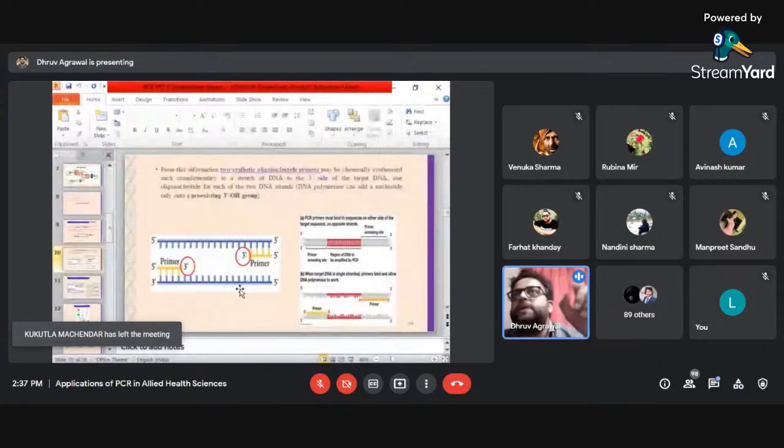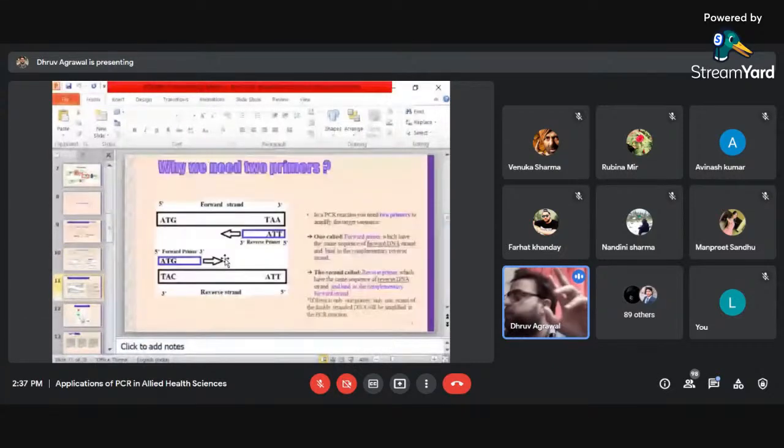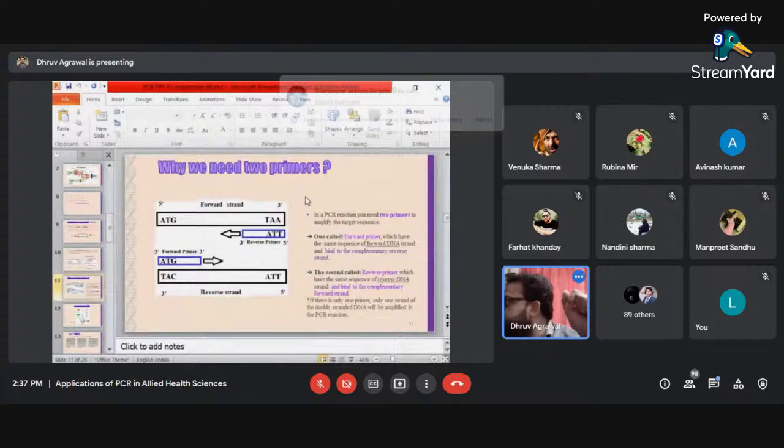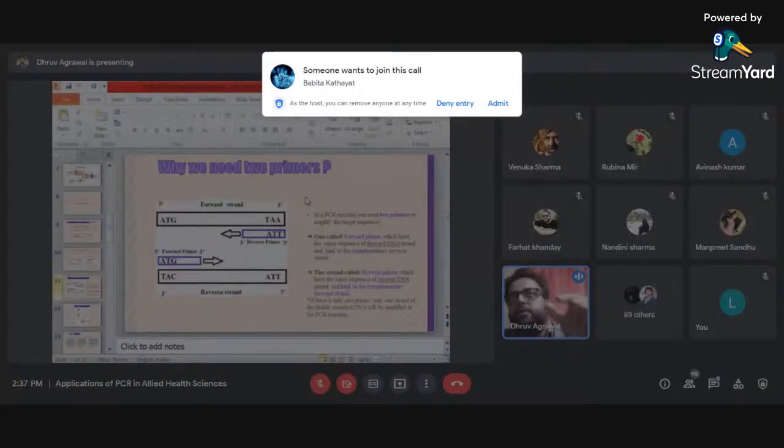Now the question arises: why do we need two different primers? Why can we not work with a single primer? Here, first of all, you must understand that the two primers we use are the forward primer and the reverse primer. So what do forward and reverse primer mean?